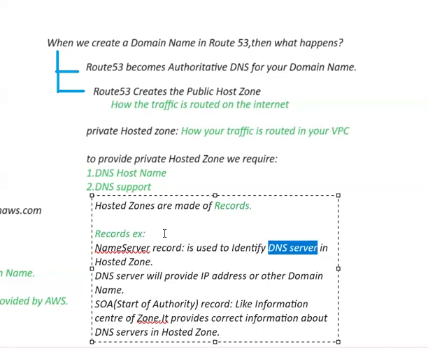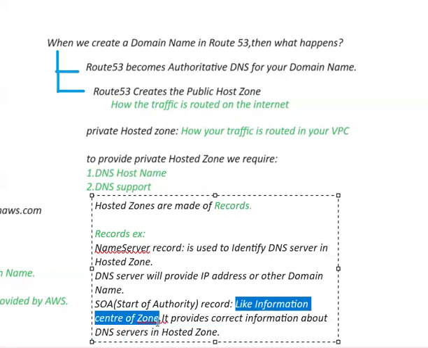Only after identifying your DNS server can you get the IP address for your requested domain name. Coming to the start of authority, it is like an information center for your zone, where it provides correct information regarding your DNS server, right?